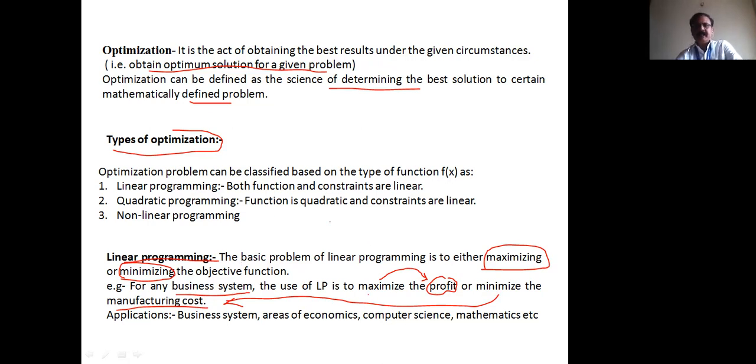So remember, linear programming problems are related to either maximizing or minimizing. Now, it is used in different applications such as business system, different areas of economics, computer science, mathematics, etc. These are some of the applications of linear programming.